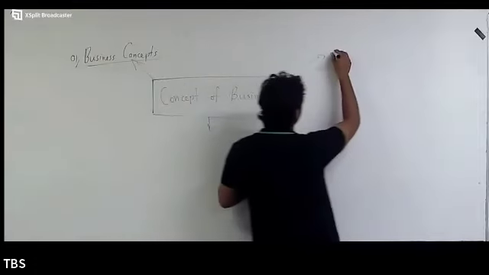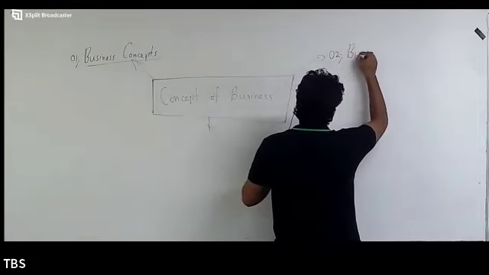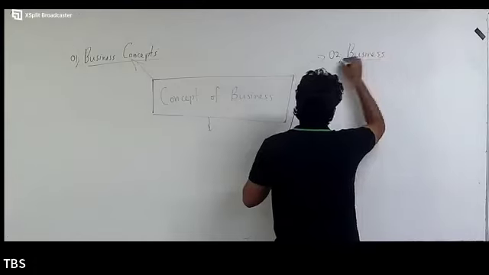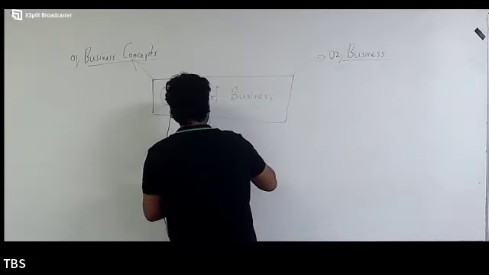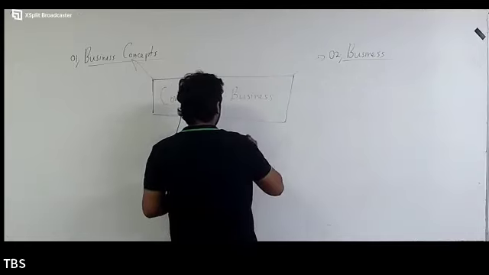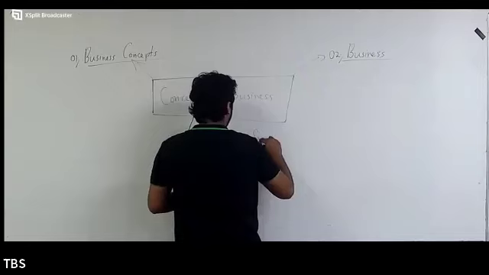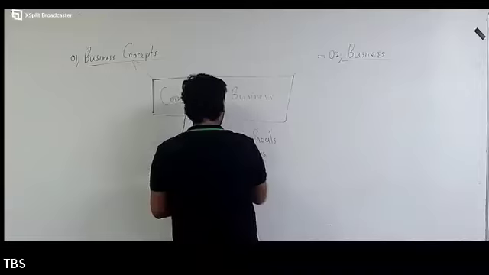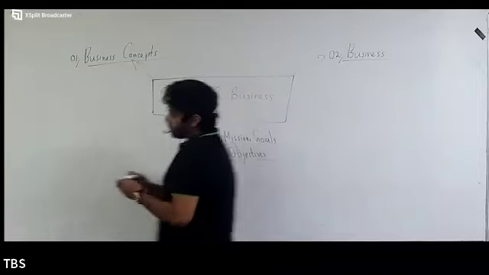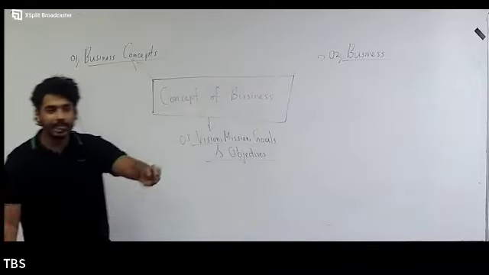Second one, business. And third one, vision, mission, goals, and objectives. These were the three key areas.